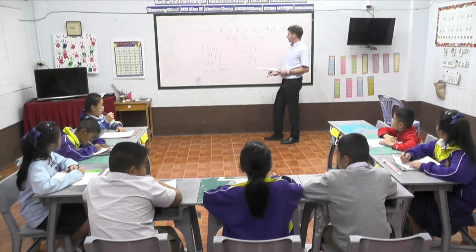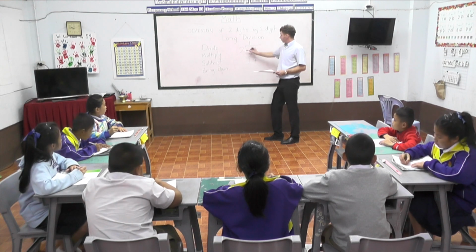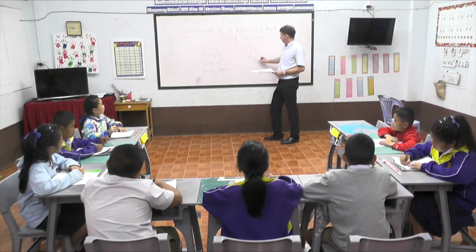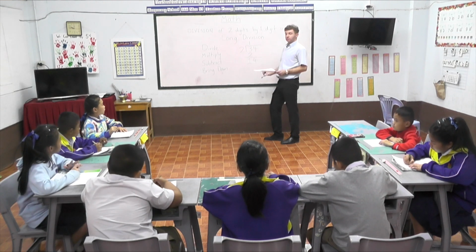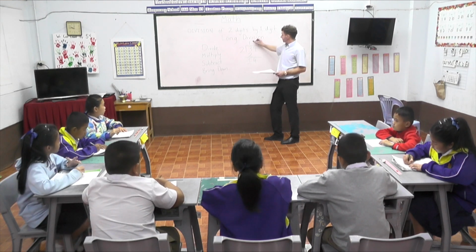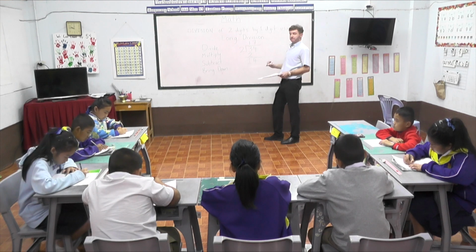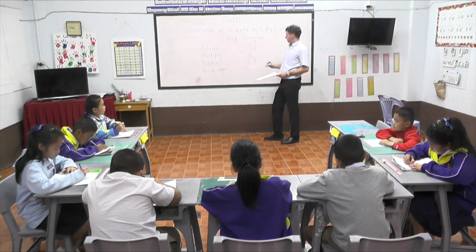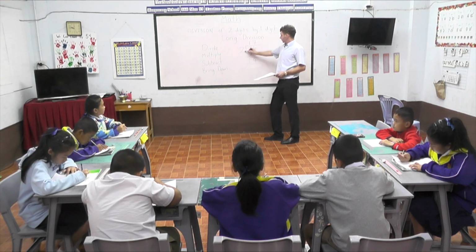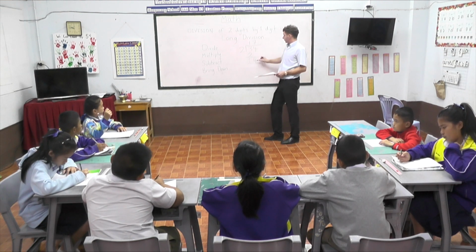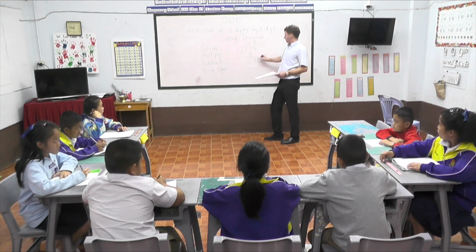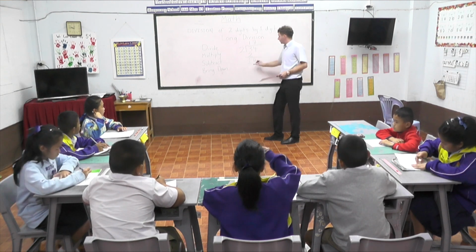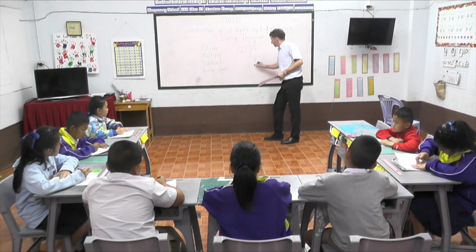And then we start the process again. 14 divided by 2 equals 7. Okay? So now, 2 times 7 equals 14. Okay?